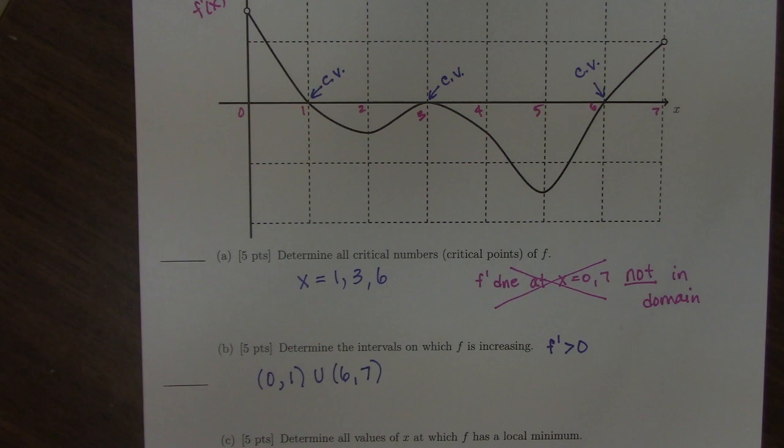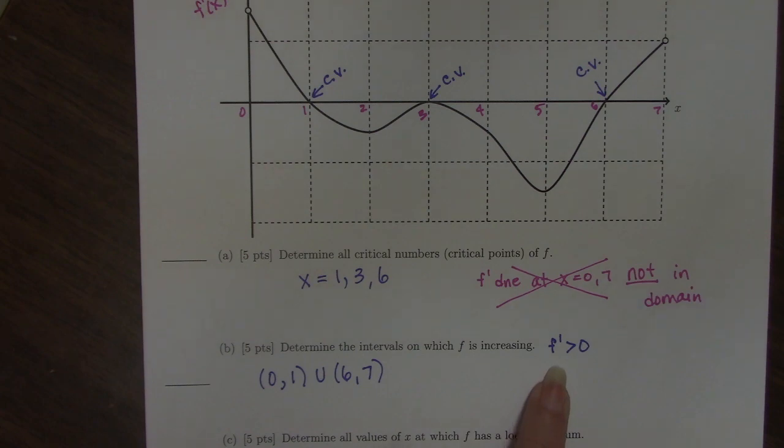I would not include 1 or 6 with brackets because it's 0 at those locations, and 0 is not positive or negative. It's neutral, right? So the function's actually going to have some kind of turning point or something else going on there. Without any other information to go by, I would just leave it open if I wasn't sure.